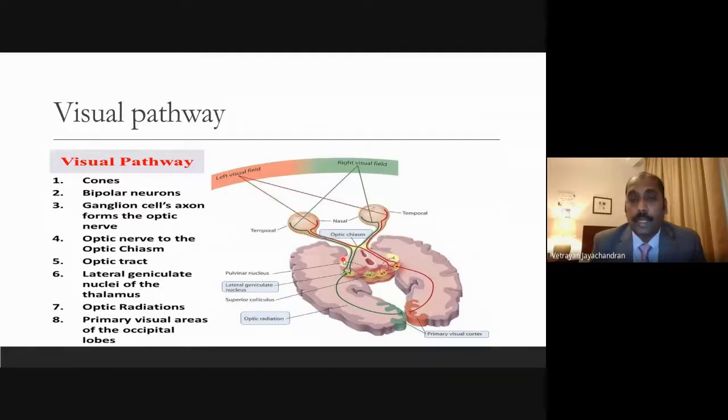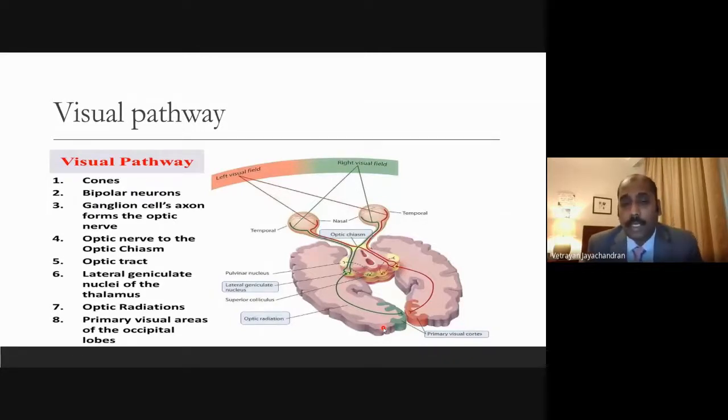We have to understand this process of the visual pathway, because if any damage happens in the structure of the eye, there will be problems with visual acuity and visual field. If the damage happens after the eyes, maybe in the optic tract, in the subcortical structures, or in the cortical structures, it may lead to visual field deficits or visual perception problems.